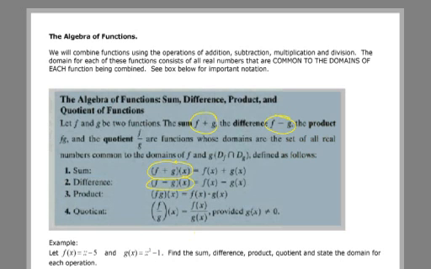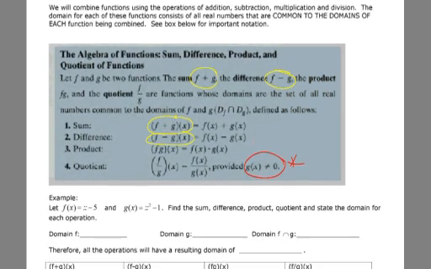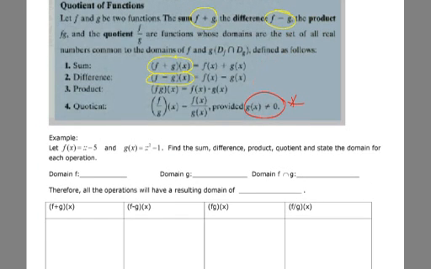One thing we have to always remember when we have an equation with a fraction, or if we formulate an equation with a fraction, is we can't ever have division by zero, so we've always got to look at that denominator to make sure we don't get division by zero. Another important thing when combining these functions is the domain.